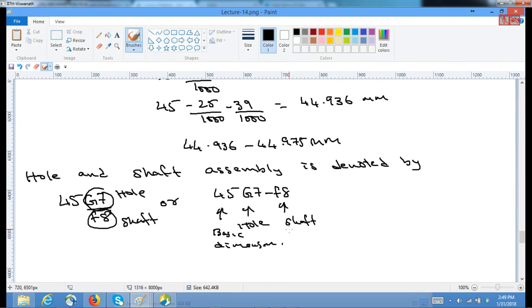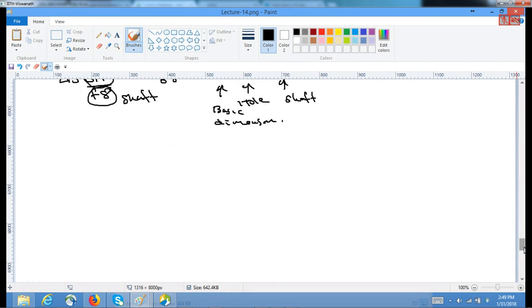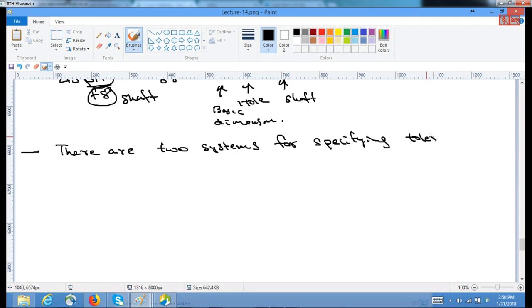Further, when we are mentioning the tolerances, there are again two systems for specifying tolerances to the shaft and the hole when you have both in the picture.